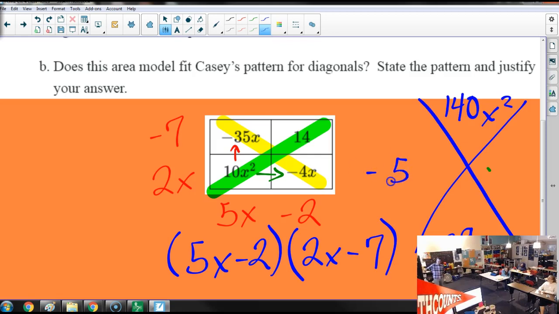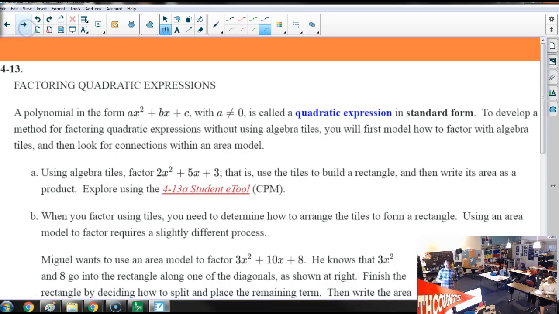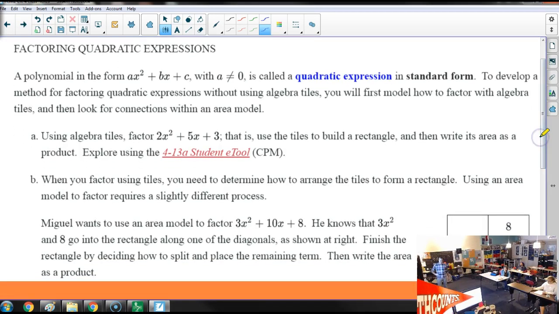So when we break it up, we're looking for what factors will multiply to make your 140, but also we have to make x squared, and then when they add, they make my actual b value from my quadratic. But that's if we were working in standard form to start, which we weren't. We had the area model already given to us, so we already knew how the b was going to break up. So according to Casey's model, that does work for us.